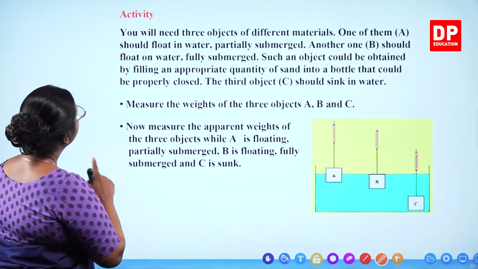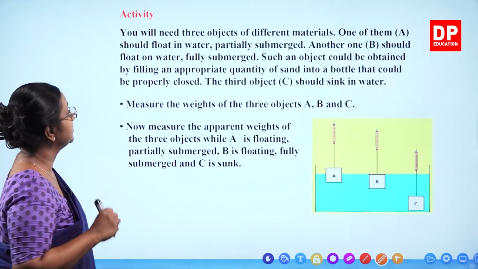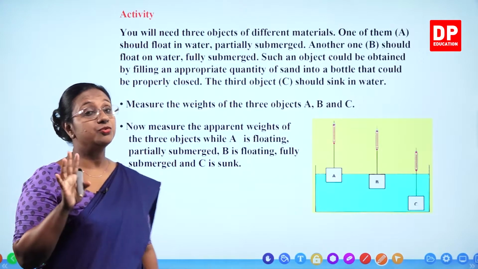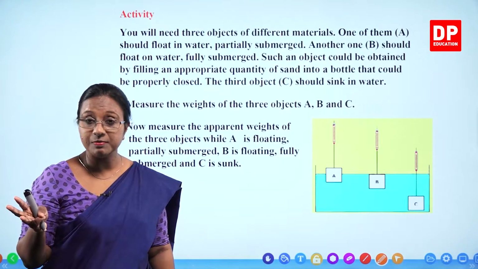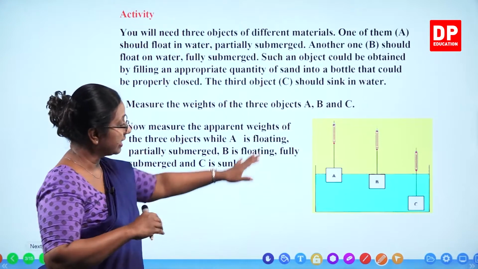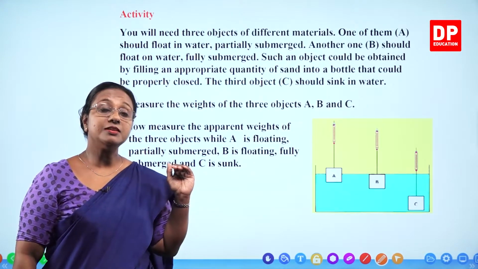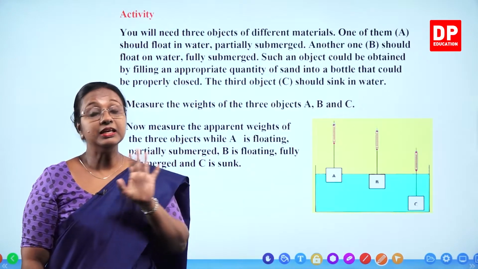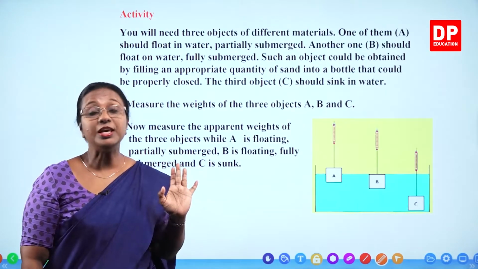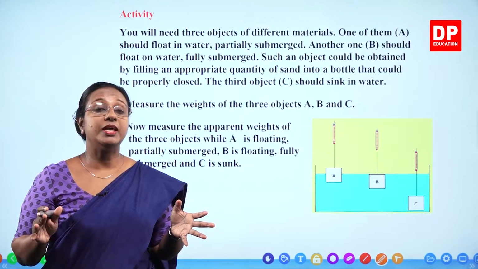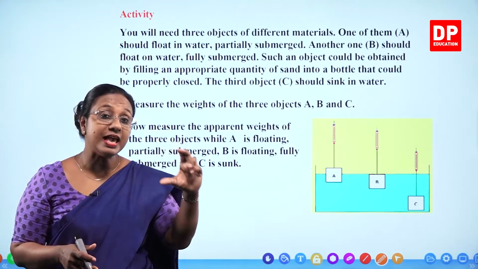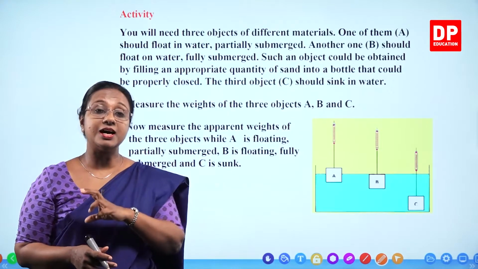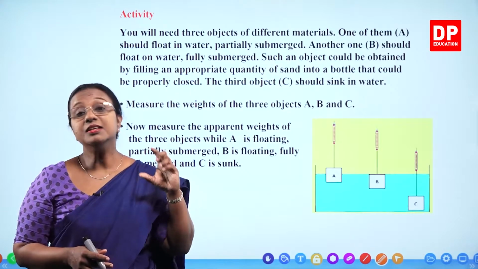Activity. You will need 3 objects of different materials. Here of course, students, you can use 3 objects of different materials: an object that can float partially submerged, float completely submerged, and sink in the liquid, which here is going to be water. Or else we can take the same identical bottles. You can take 3 glass bottles and fill sand.